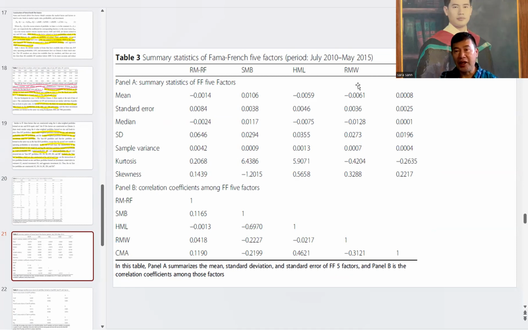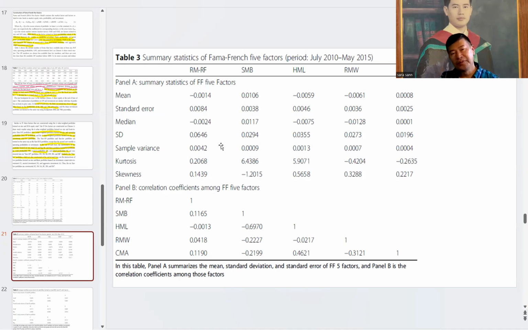So on the right side, there are 5 factors affecting the excess return, or R minus RF. This part is talking about the mean and the median. These are statistical tools. When you do research, the first table you have to show is the mean, the median, the standard deviation, the kurtosis or skewness, and so on.